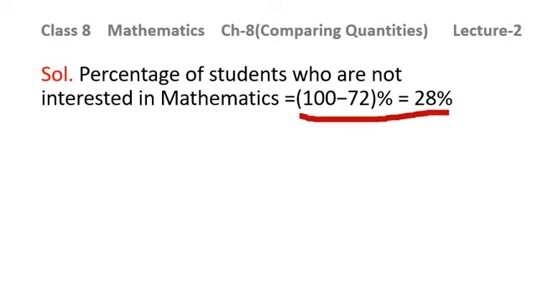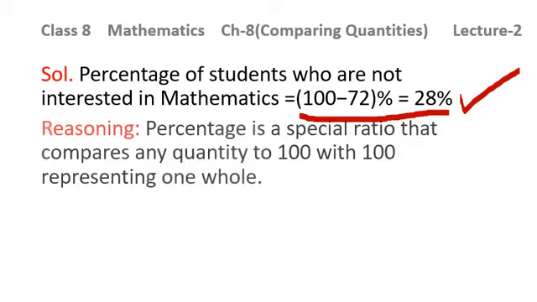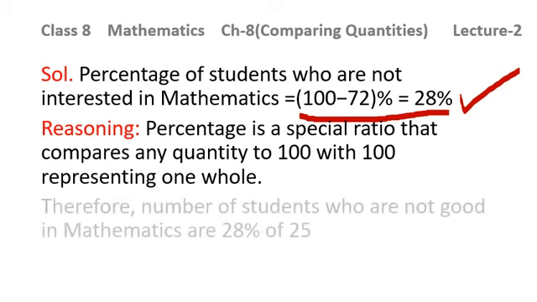This is the percentage of the students who are not interested in mathematics. Because percentage is a special ratio that compares any quantity to 100, with 100 representing one whole. Because 100 represents the whole, out of that 72% were interested in mathematics. So I have calculated the percentage of the students who are not interested in mathematics, that will be 28%.